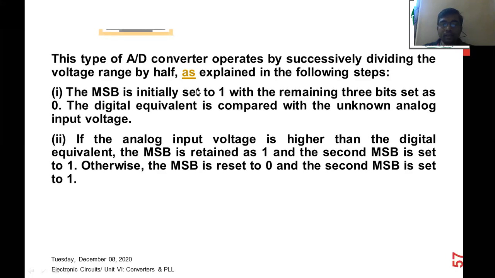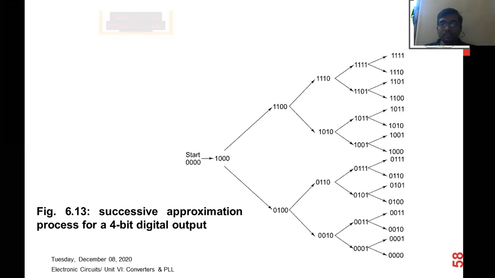If the analog input voltage is higher than the digital equivalent, the MSB is retained as 1 and the second MSB is set to 1. Otherwise, if the analog input voltage is lower than the digital equivalent, the MSB is reset to 0 and the second MSB is set to 1.